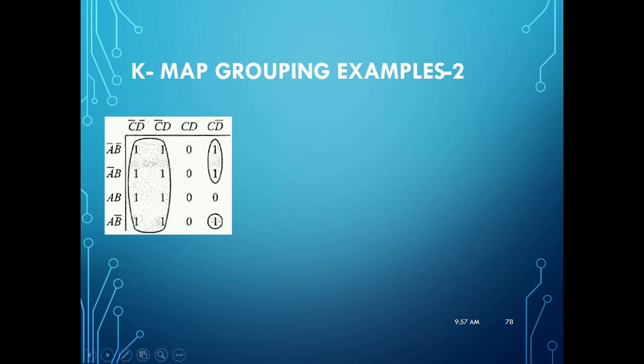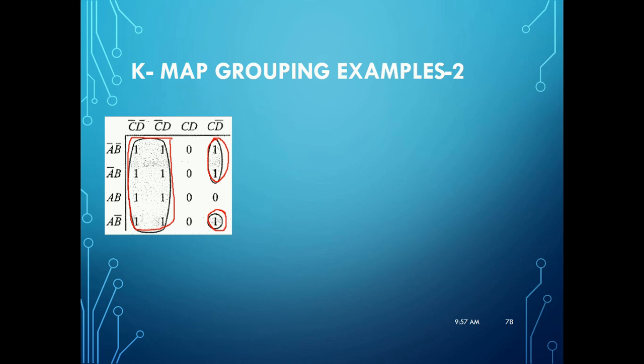We have to start grouping. The first rule is to see which is the largest group possible. You can see an octet here, so you will try to group in this manner. The two ones that are left out you will try to pair in this manner. And also there is one left out, so you will do it in this manner.